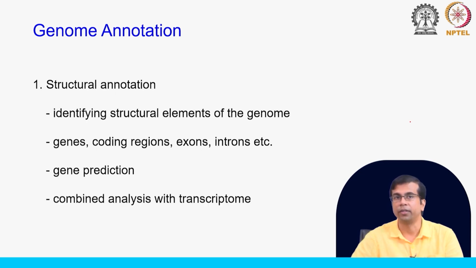So you can do this gene prediction, or you can also combine this analysis with transcriptome analysis. The advantage with the transcriptome is that you know which regions of the genome are transcribed. So you can then start identifying the gene regions, the coding regions, exons and introns. Those we can do very easily if we also combine genome data with transcriptome data.